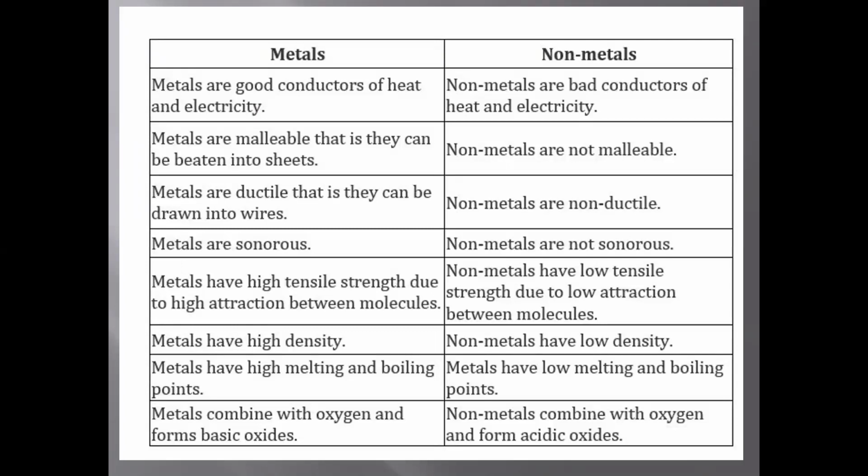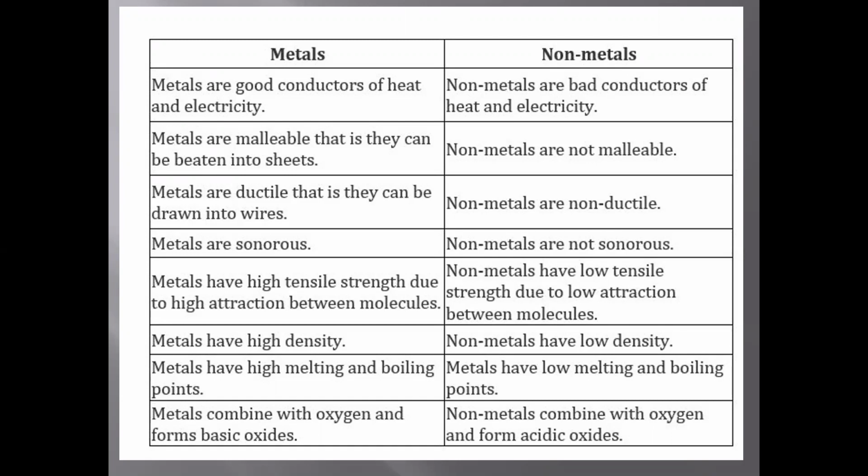Now here is a comparison between metals and non-metals, how they differ from each other, or what the basic differences between them are. First, as I stated, metals are good conductors of heat and electricity, whereas non-metals are very bad conductors of electricity.